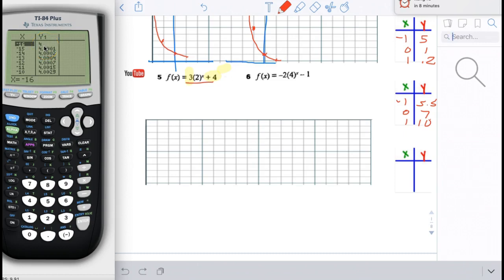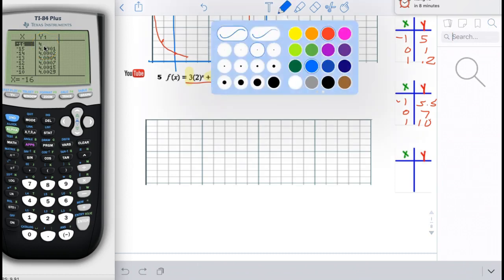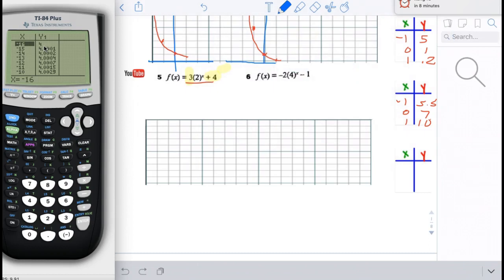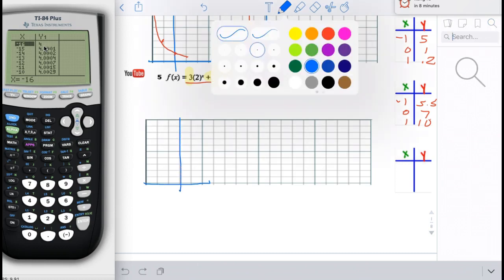Okay, so let's graph this one here. This is trickier, right? But all these values are positive, so we'll use the same strategy as before, where we will put the x-axis exactly on the bottom of the grid.